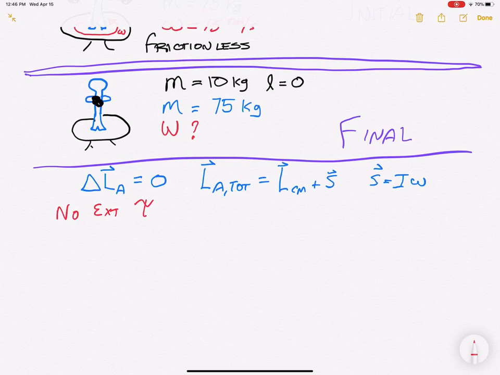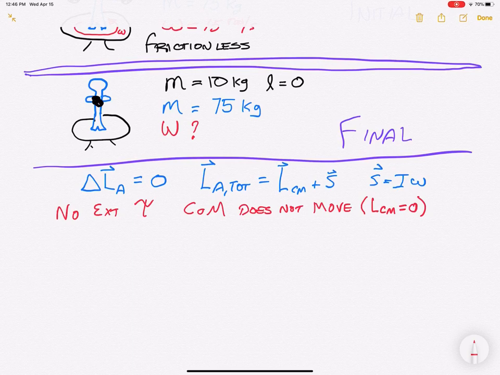Also notice in our example, the center of mass of the system doesn't change. It doesn't move. And that means that the L center of mass is equal to 0. The next example will show you the difference between the two.